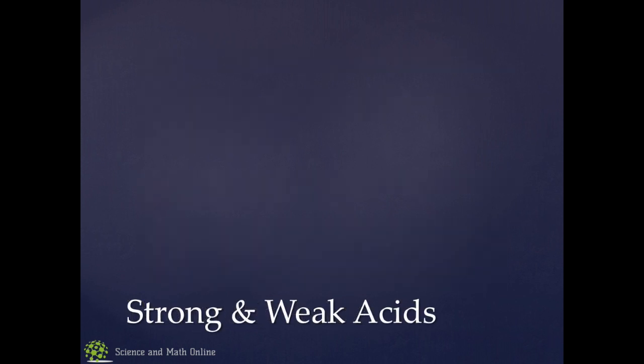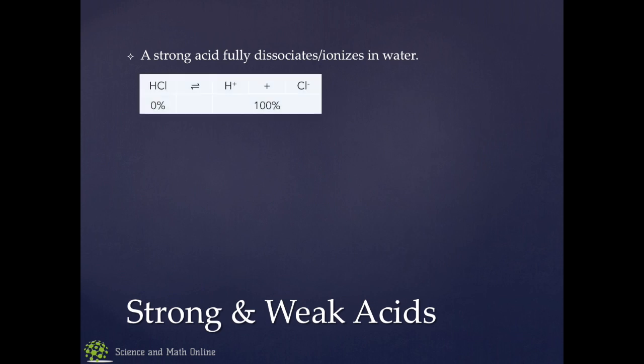All right, so I mentioned weak acids earlier, so let's talk about that real quick. A strong acid is something that fully dissociates or ionizes in water, meaning when you put it in water, it splits up perfectly. 100% goes this way. Really, that should be a one-sided arrow instead of a double, but showing that it only goes this way.